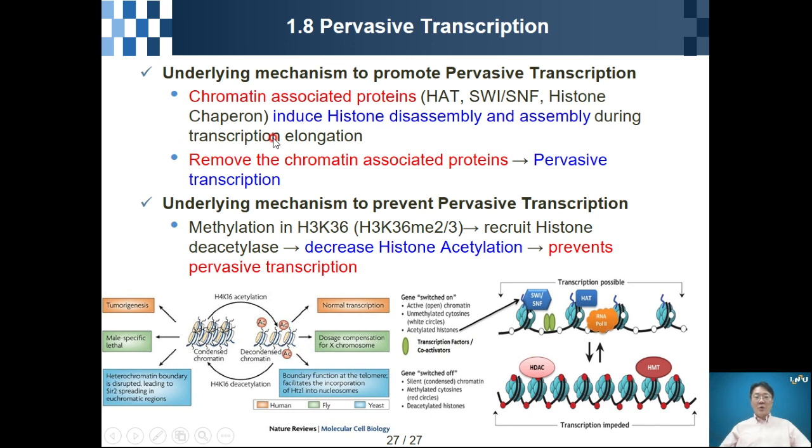But if the chromatin-associated protein is removed, histone disassembly and assembly is stopped. In this case, this NFR is always open. In this case, pervasive transcription can happen.